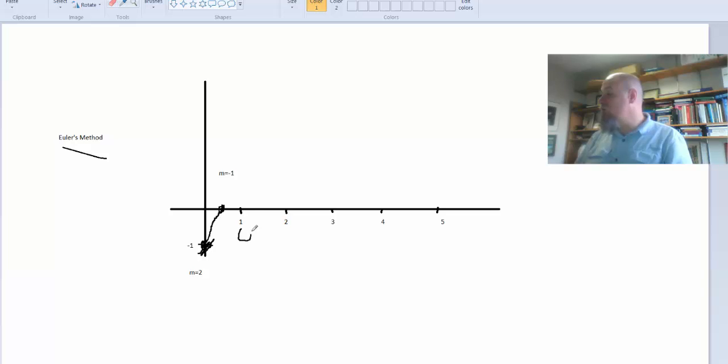So the next point should be here, at (1, -1/2). So how am I getting this point? Well, the x values are all equally spaced: 0, a half, 1, 1.5, 2, etc. It's the y values that I'm calculating. And how am I doing that? Well, I'm getting my new y value by taking my old y value plus h times y prime.